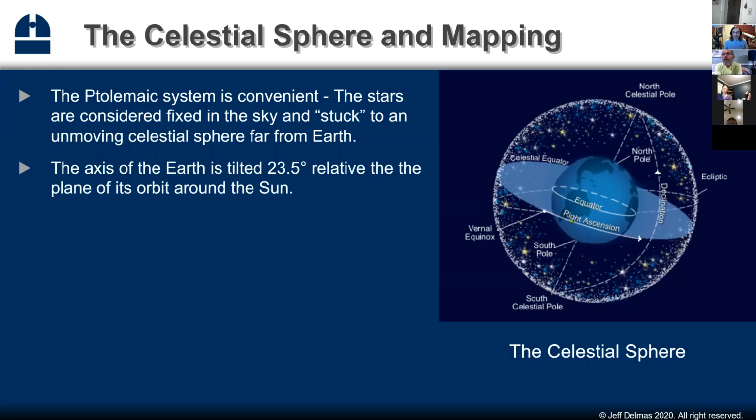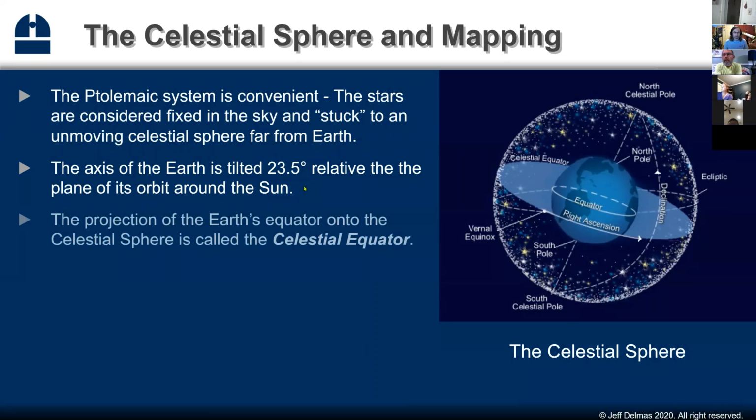We know that the axis of the Earth is tilted 23.5 degrees relative to the plane of our orbit around the sun. And if we take the equator and project that line out into the heavens, we form a plane. If we project that onto the celestial sphere, it forms a great circle called the celestial equator.